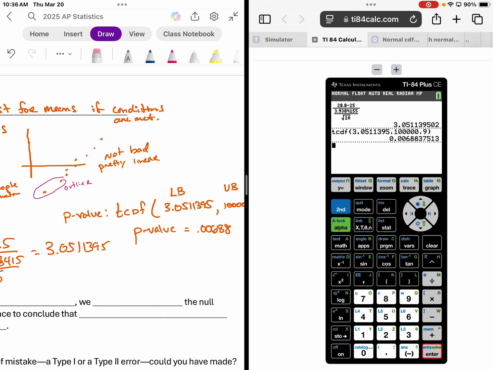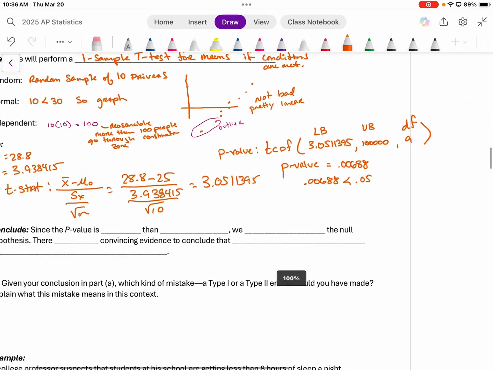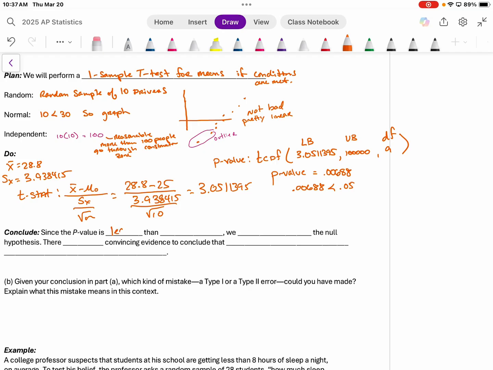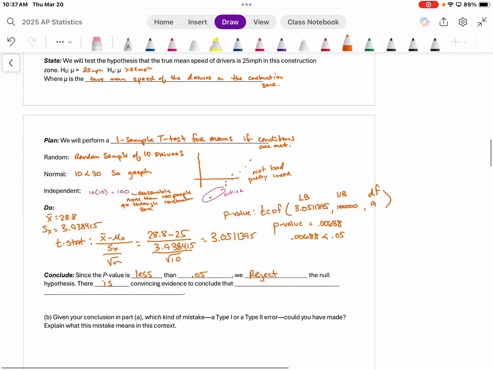Okay. Now I'm supposed to compare that 0.00688 to 0.05. Well, obviously that's less than. So we're going to go back here and we could say, since the p-value is less than 0.05, we reject the null hypothesis. There is convincing evidence to conclude that, and this is where we just take our statement from the top.